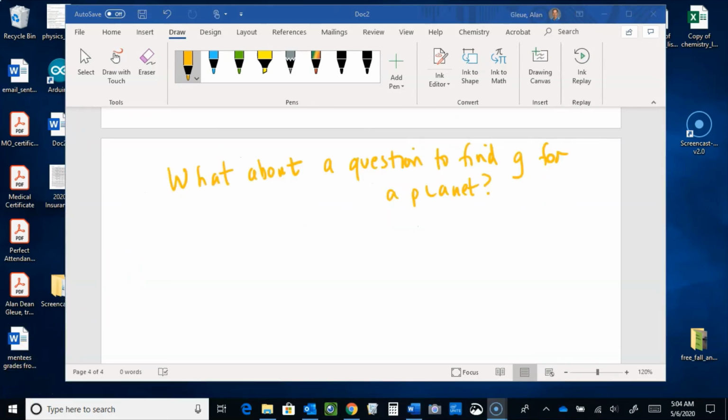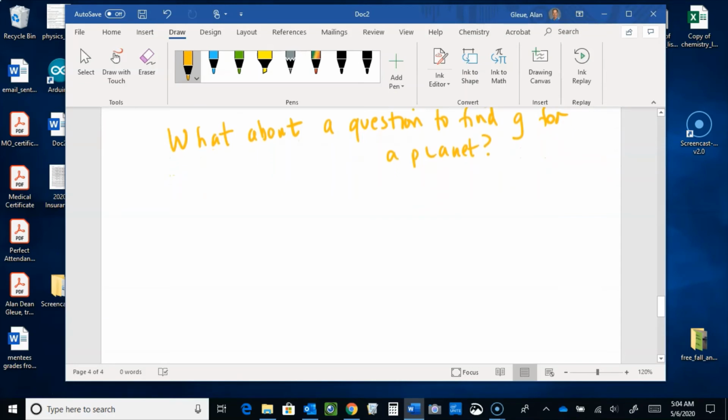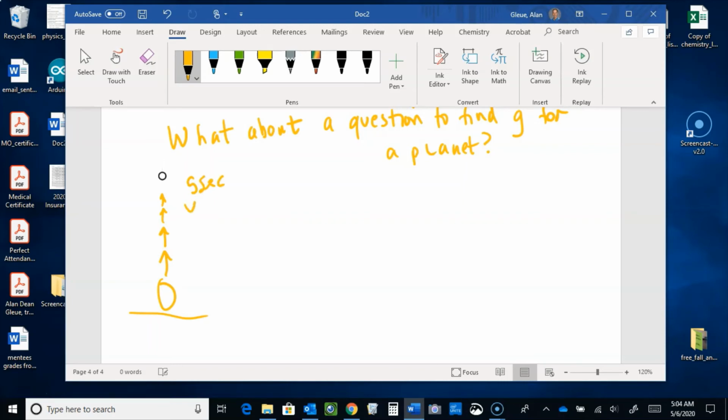I have seen problems though where they might ask you to find the acceleration due to gravity for some planet given some information. So maybe we throw up this ball here on some other planet, and maybe it takes 5 seconds for that ball to reach the apex. So our apex velocity again would be 0 right at the top, and that ball maybe again starts at 20 meters per second.